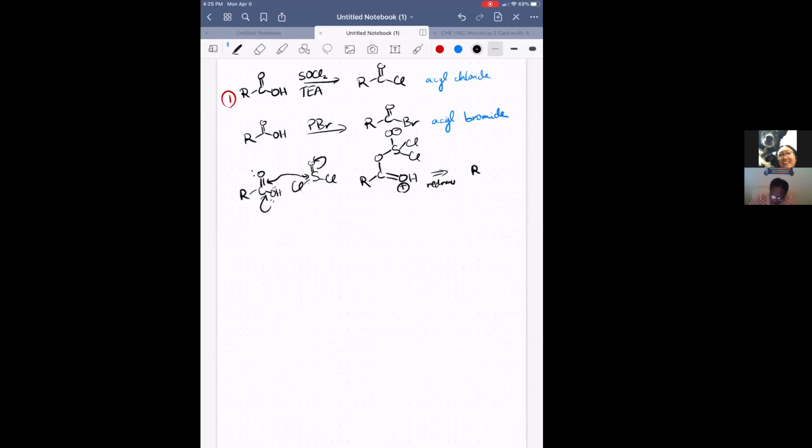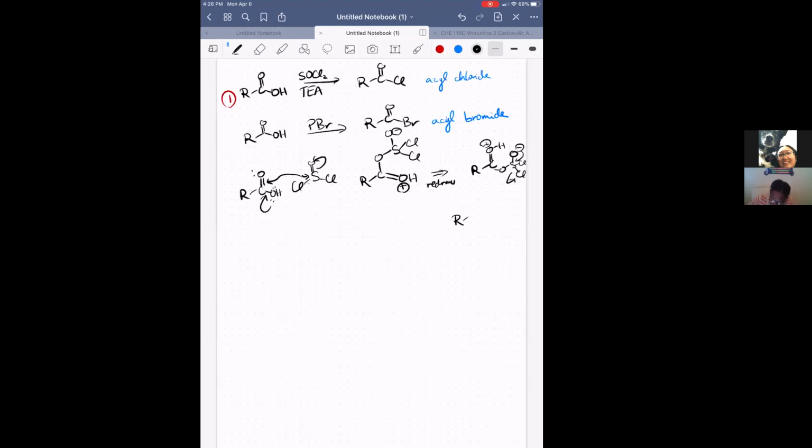So now we have R, I want my COH to be to the top, that way the larger functional group, O, S, double bond O, single bond O minus, Cl. Sorry, this should only have one Cl. And then as we push electrons back down, we'll generate Cl.